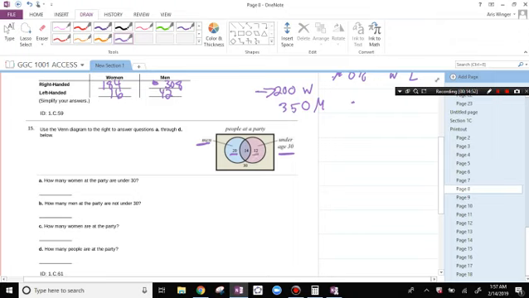These are people who are under the age of 30 but are not men, so they are women under the age of 30. And these people are both men and under the age of 30, and these people out here are neither one. So they are women who are 30 or above.